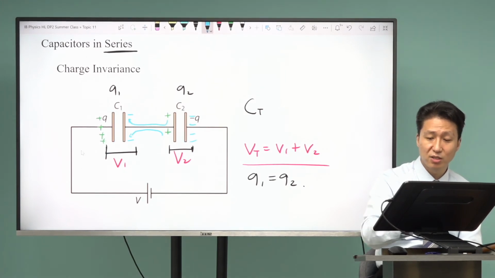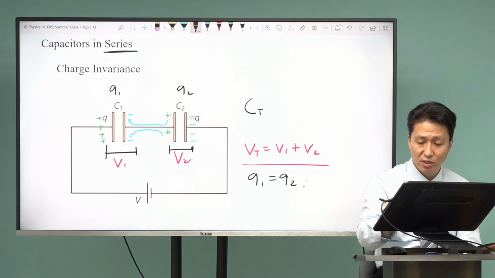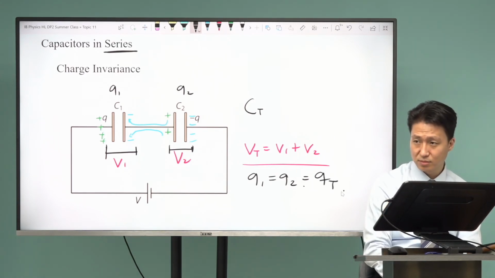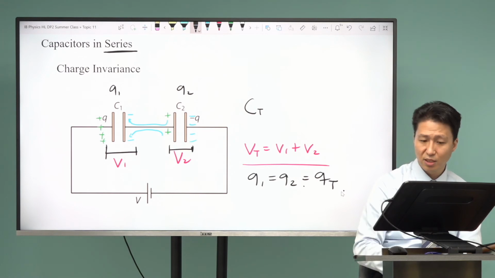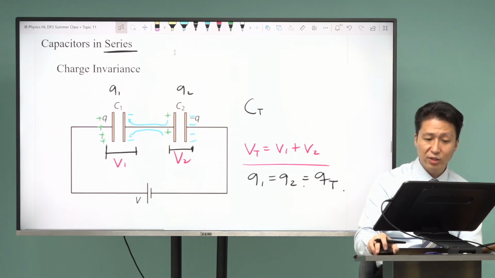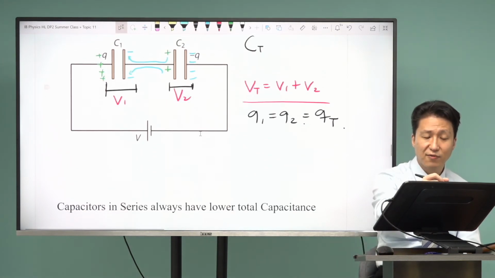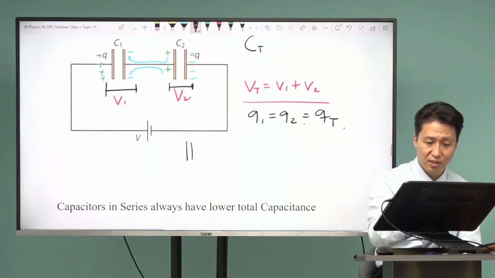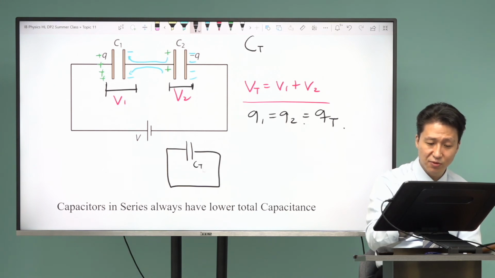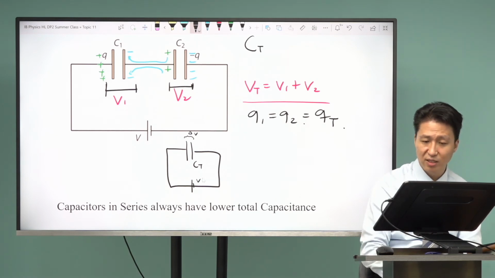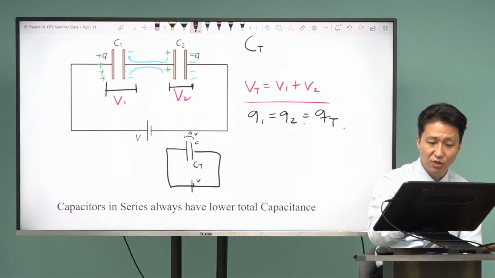So this is also equal to the total charge. We're trying to simplify this so it looks like only one capacitor. This one capacitor is going to have a total capacitance, a potential difference of V, and a charge of Q total.